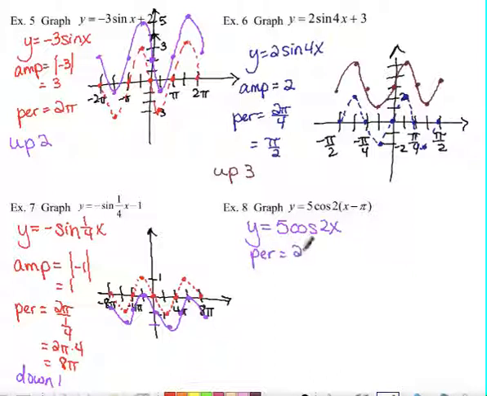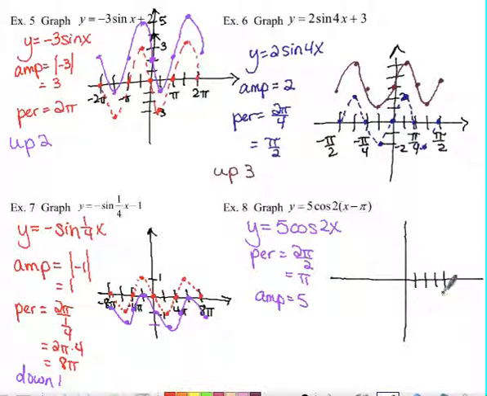So the period length is 2 pi over 2, and the amplitude is 5. So I go 4 tick marks and call it pi.